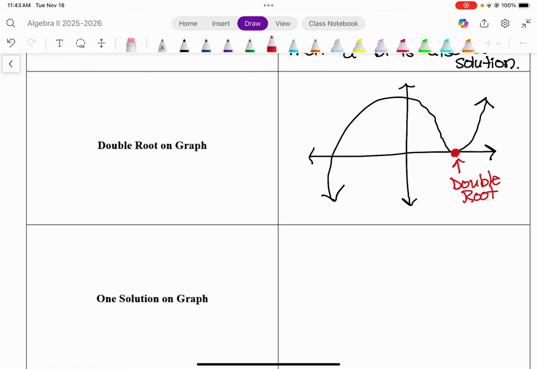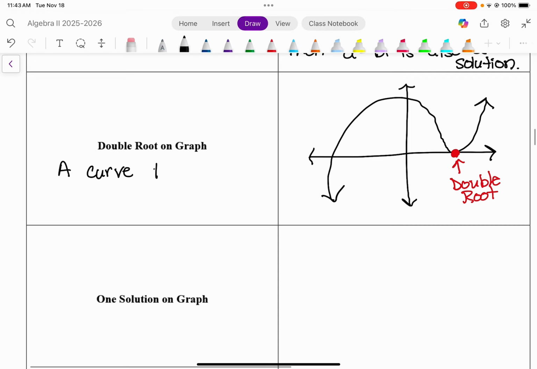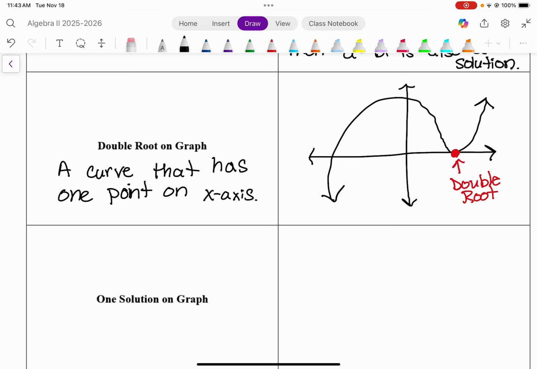So then your definition, if you want to add more description, is a curve that has 1 point on the x-axis. So that would be a double root.